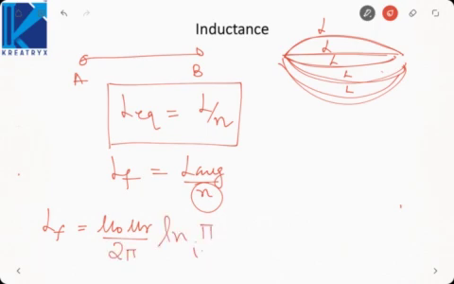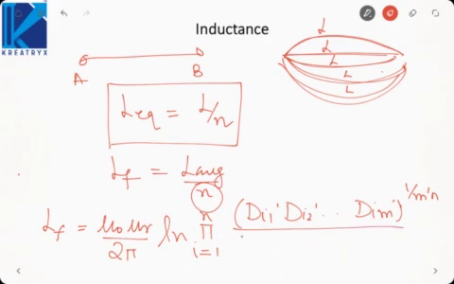In the formula, this n can be raised as power. Pi I equal to 1 to n d I1 dash I2 dash up to Im dash raised to power 1 by m dash n, over d I1 I2 up to In raised to power 1 by n square.